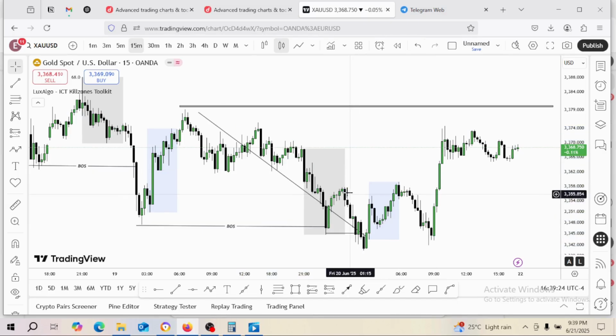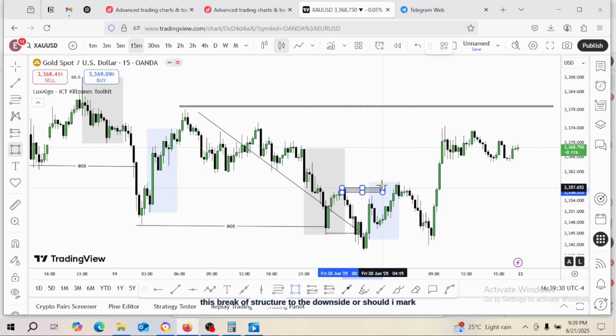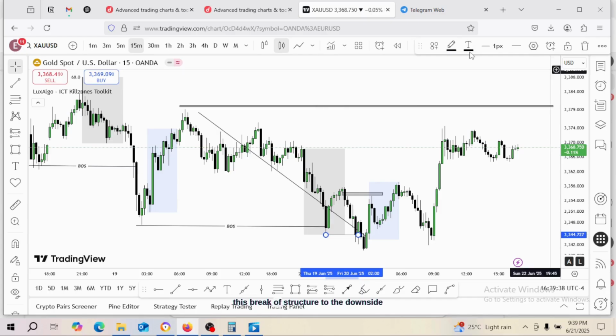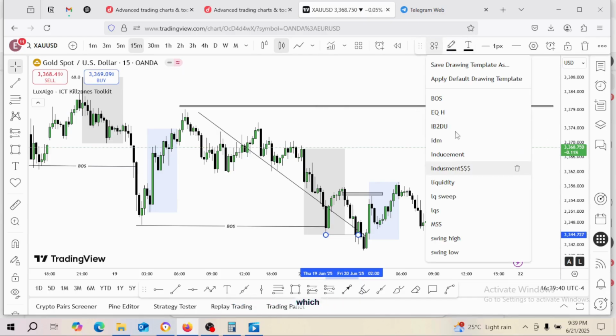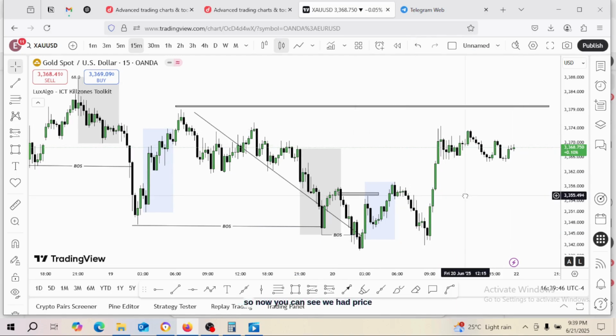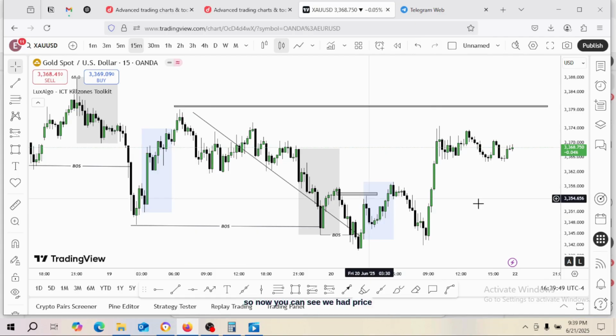So now this was the last supply level that was responsible for this break of structure to the downside, or should I mark this fair value gap out? This was the last supply that was responsible for this break of structure to the downside, which is the internal 1-hour structure. Now you can see we had price during the New York session.